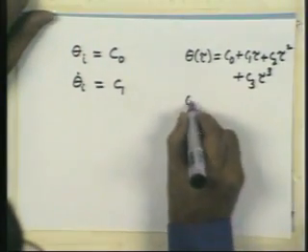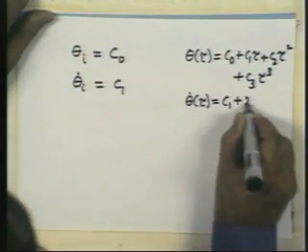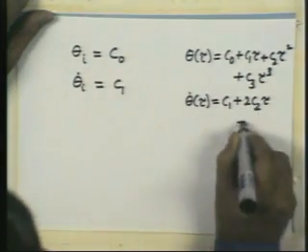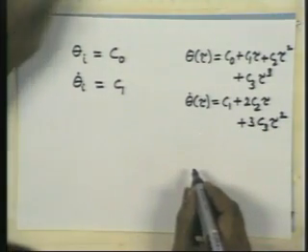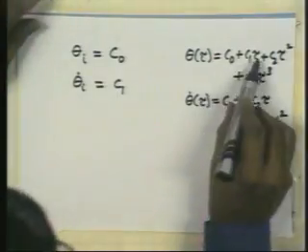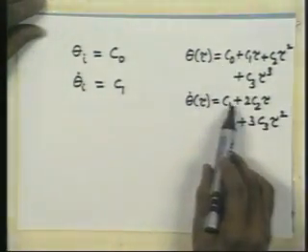Okay. So, theta dot of tau is C1 plus 2 C2 tau plus 3 C3 tau squared. Therefore, at tau equal to 0, theta is directly C0 and theta dot is directly C1.